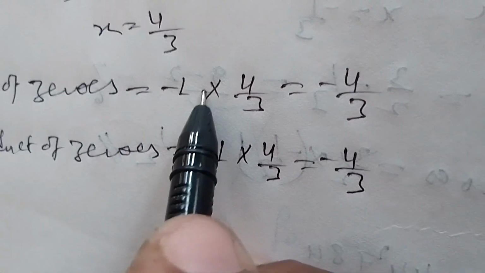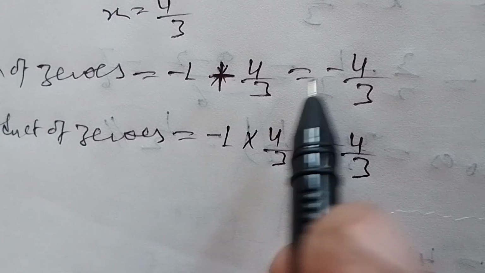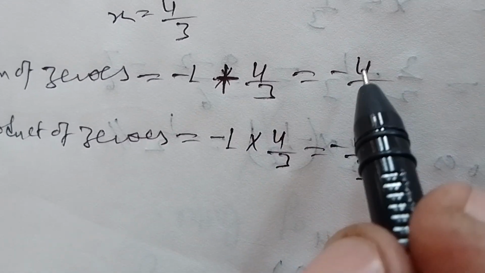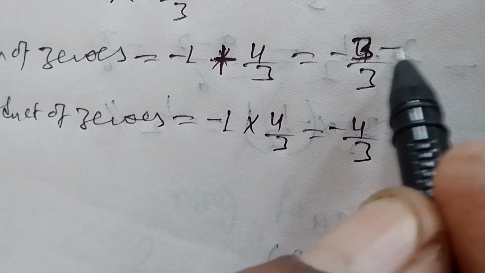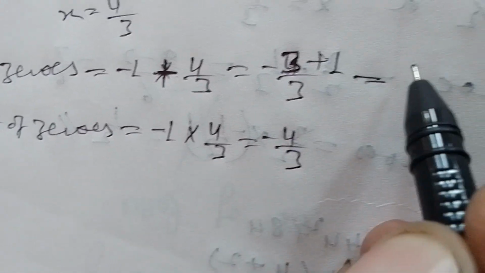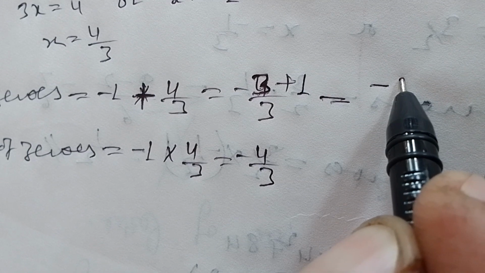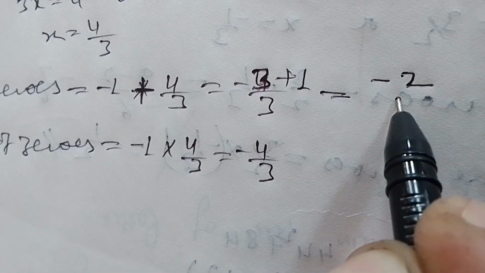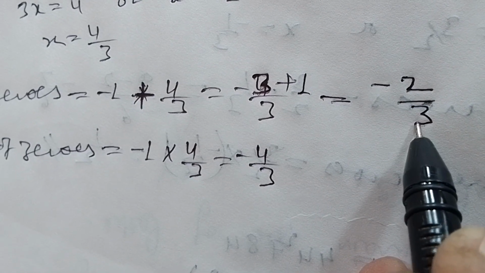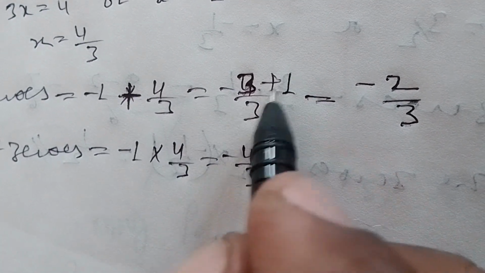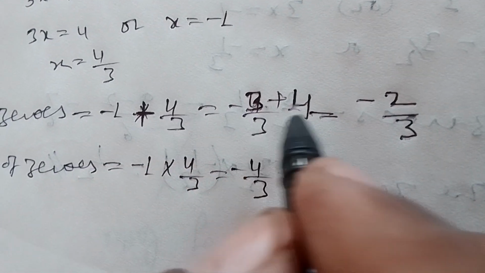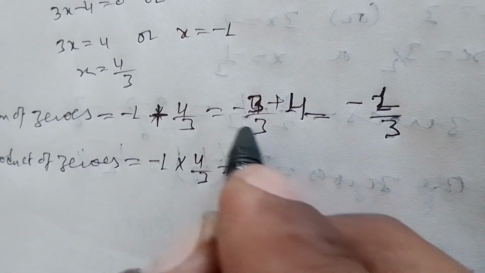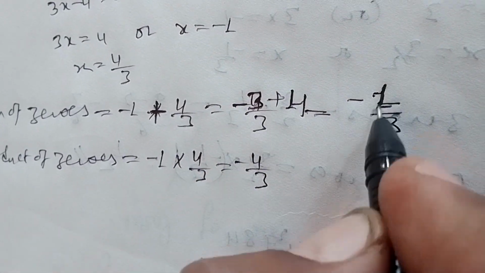Sum of zeros: 3 multiplied by minus 1 is minus 3, and plus 4 comes out to be 1, so 1 by 3.